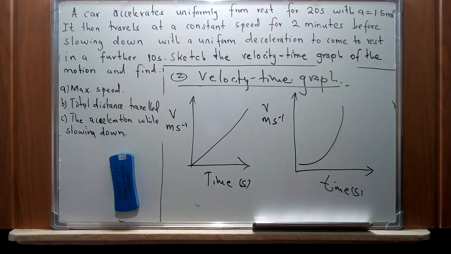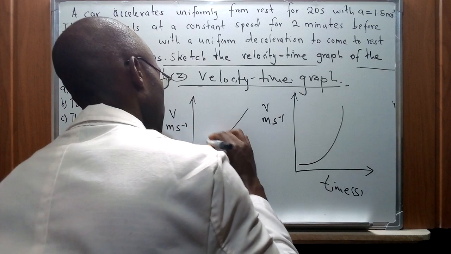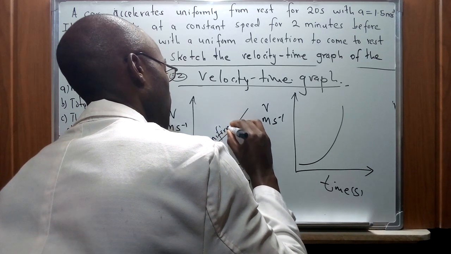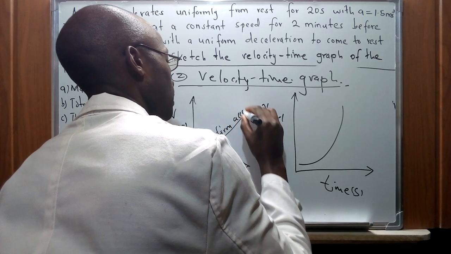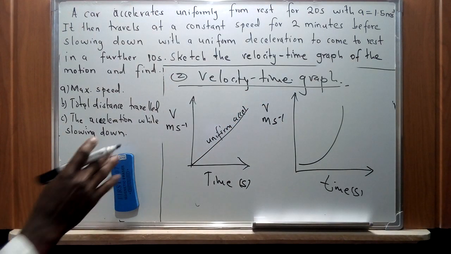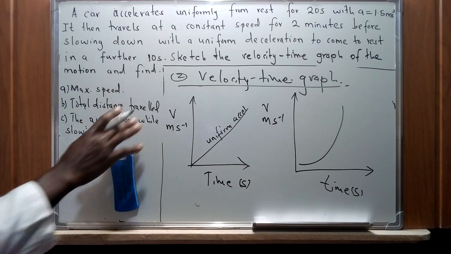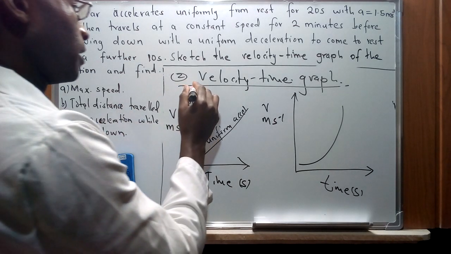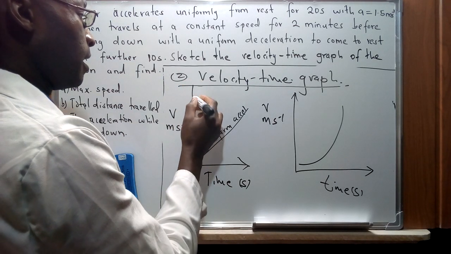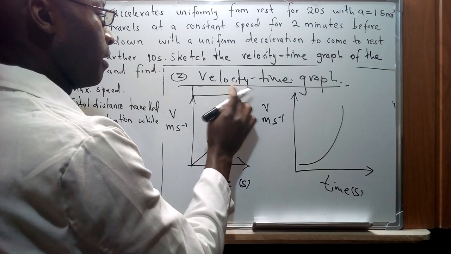So for the two graphs, for the first one we have uniform acceleration. We have said that the gradient represents the acceleration. If we were to represent uniform velocity from the velocity time graph, it would be a constant line.